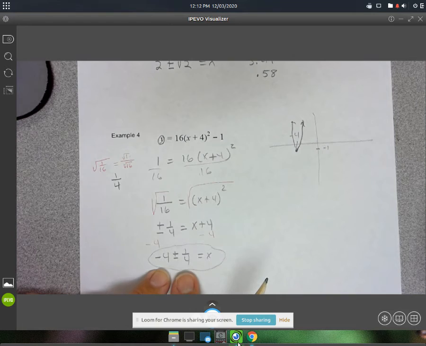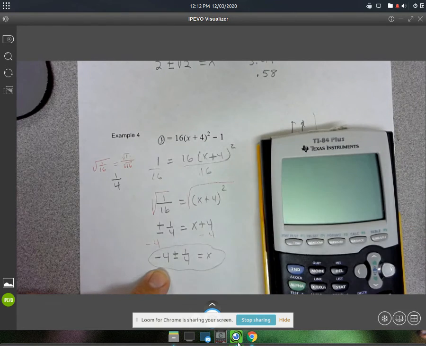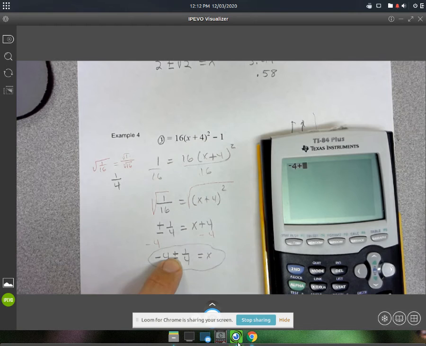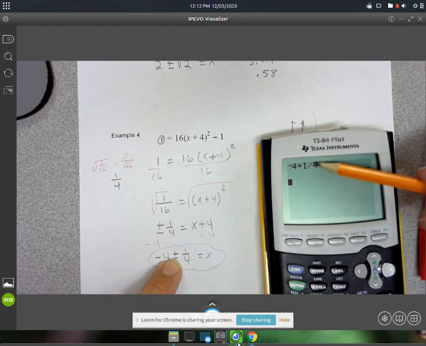I guess let's go ahead and make them into a decimal over here. So I got -4 plus 1/4, 1 divided by 4, I guess. That way it's going to answer it as a decimal. If I had done the actual fraction, it would have answered as a fraction over here too, improper fraction.